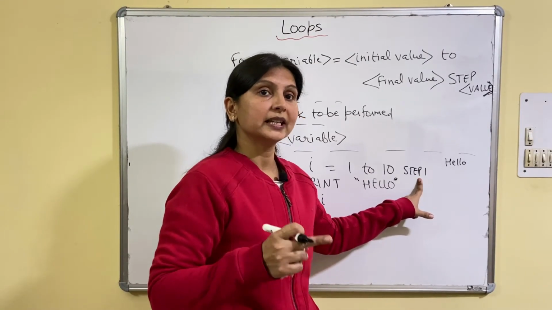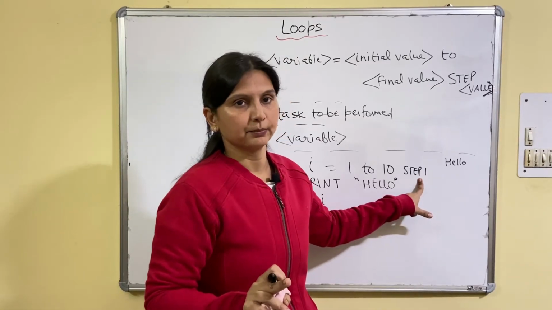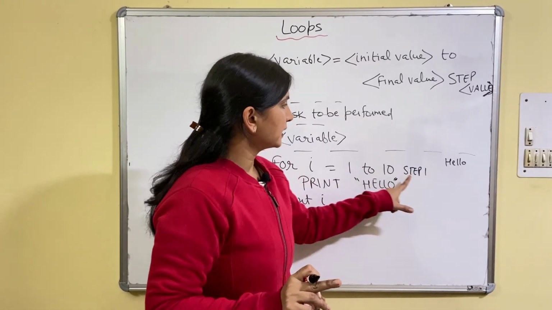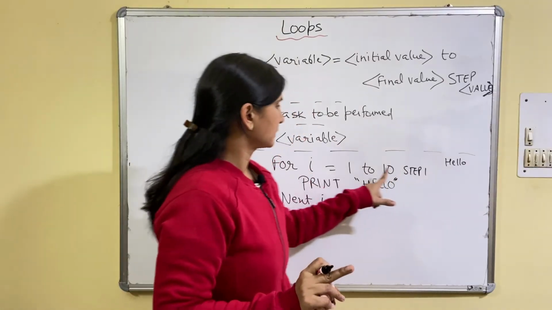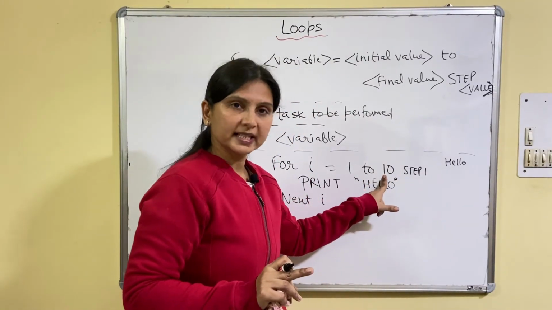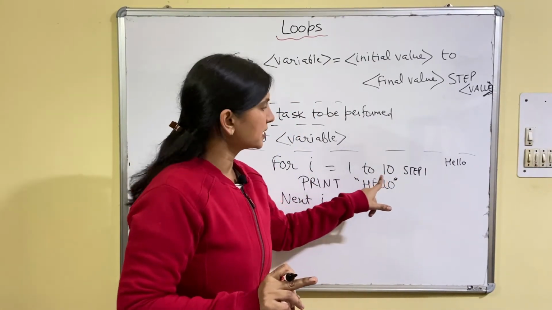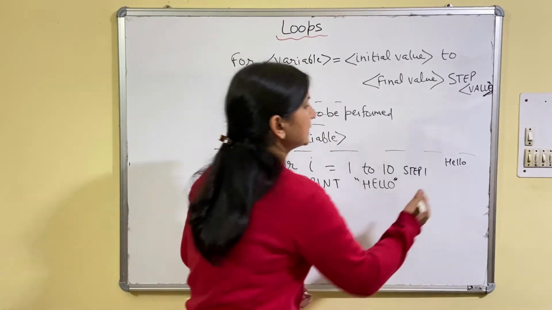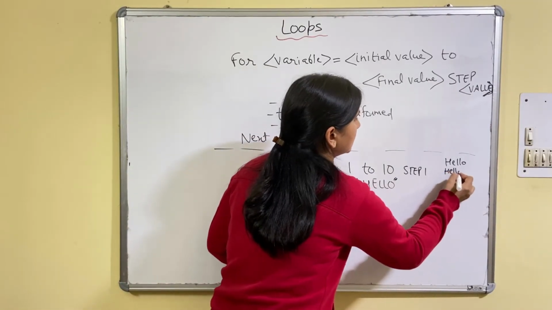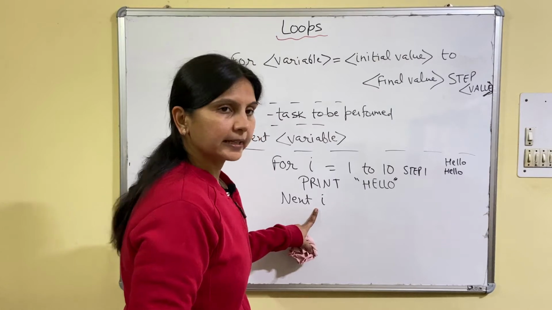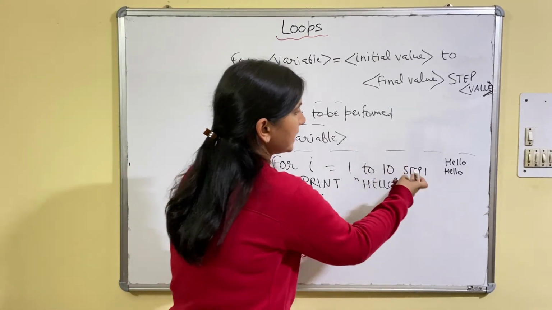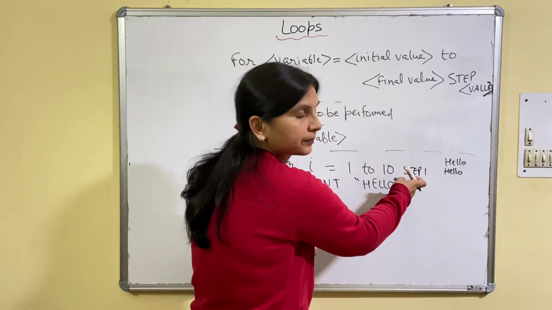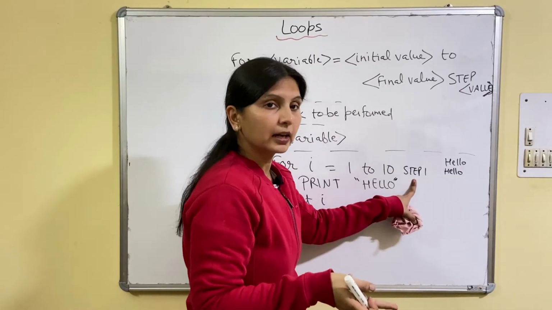Step 1 means increment of I by 1. Simple. Now the condition will be checked: 2 less than or equal to 10. Yes, the condition is true, so again it will print hello. Again it will come to next I, and again it will send control back to step 1. I will become 3 now.